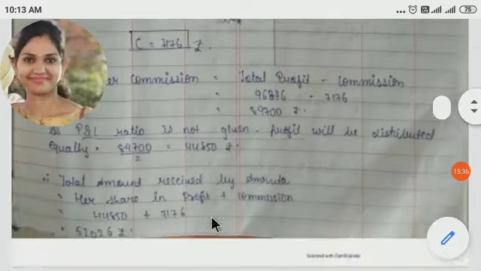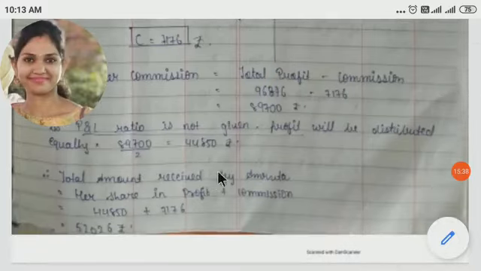So the total amount received by Amruta is her share in profit, 44,850, plus commission 7,176, which is 52,026 rupees.